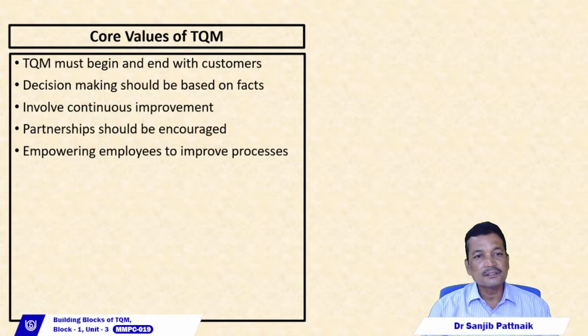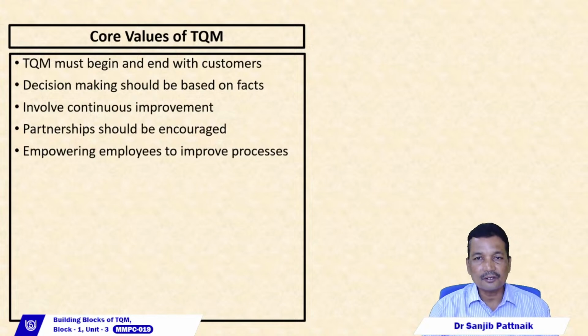TQM involves continuous improvement. Now, one may say that innovation may bring in better business opportunity for the organization. Now, innovation is such a thing that once an organization innovates a new product or new process, they stop the thinking process there and they continue with that.